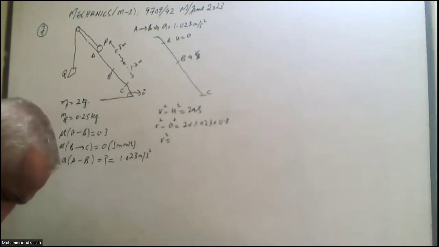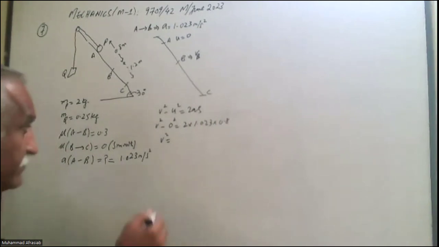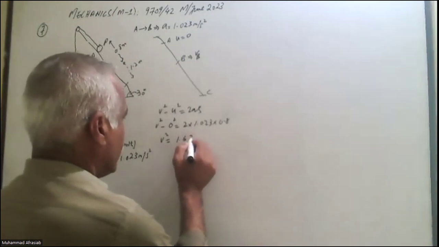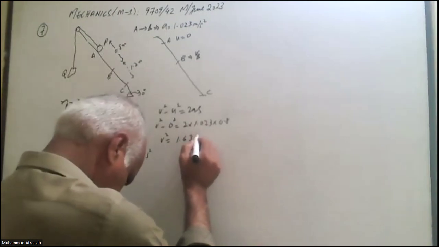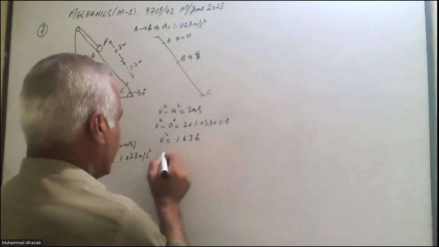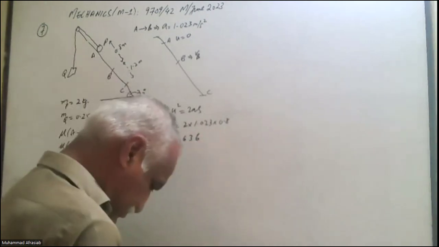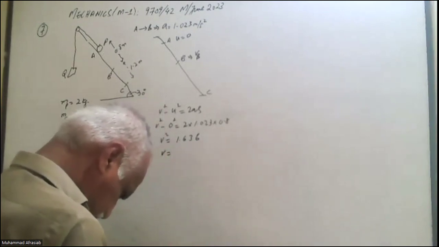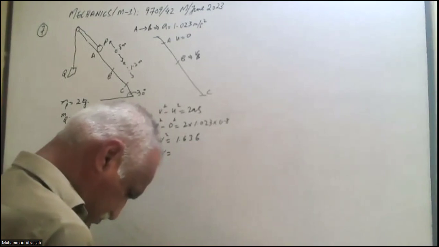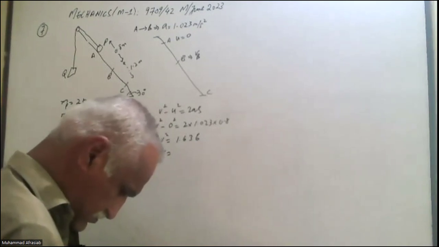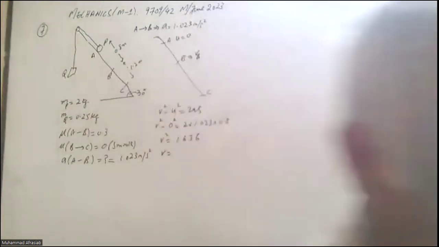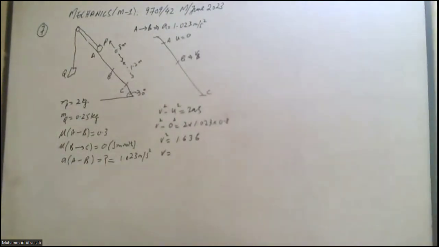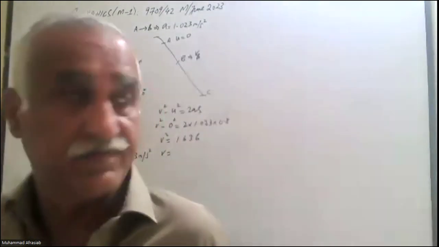or v square is equal to 1.636, and v is equal to 1.28 meters per second.